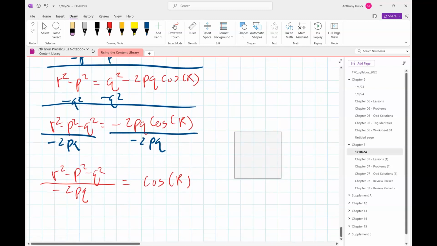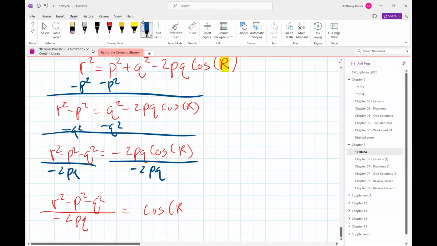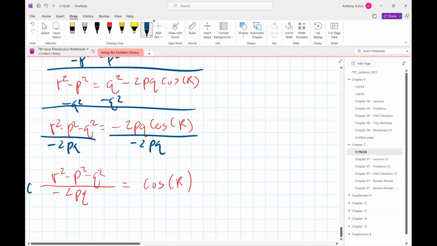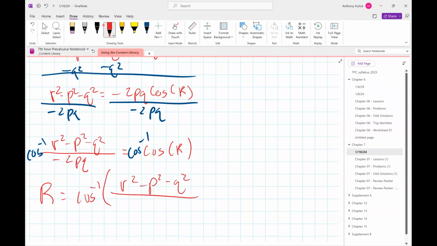And then I'll do cosine inverse of both sides to get rid of the cosine. So I have R equals cosine inverse of r squared minus p squared minus q squared over negative 2pq.